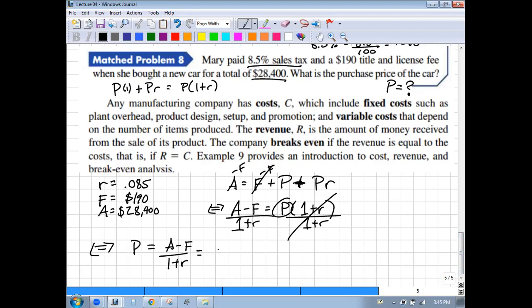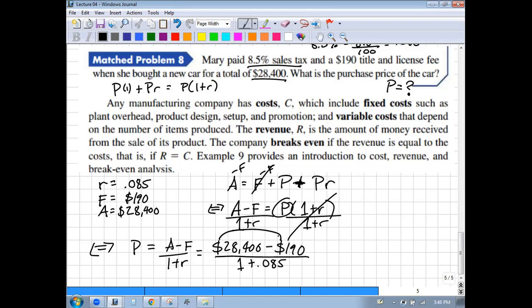And now we plug in our numbers. A is 28,400. F is 190. And on the bottom, we have 1 plus 0.085. Now I wrote the units here, dollars.